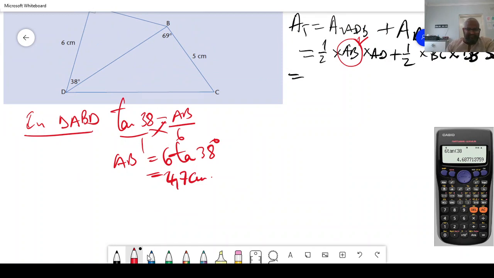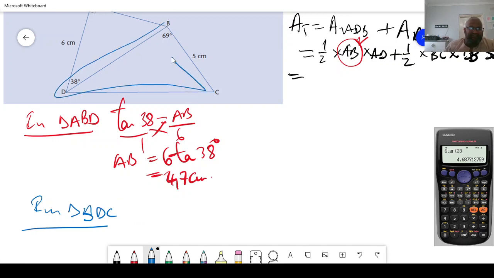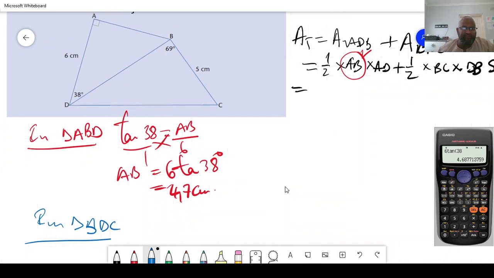Just changing the color here. So we now say in triangle BDC, which is this triangle here, what do we have? We have this length here as well now, which is 4,7.